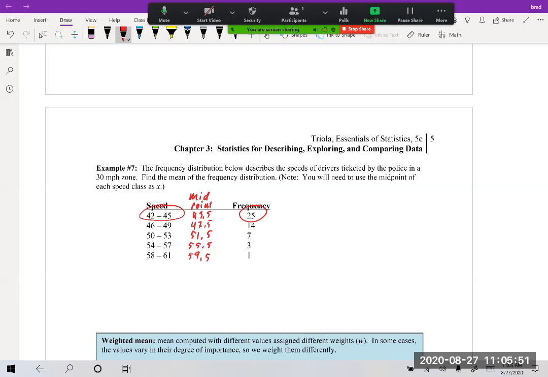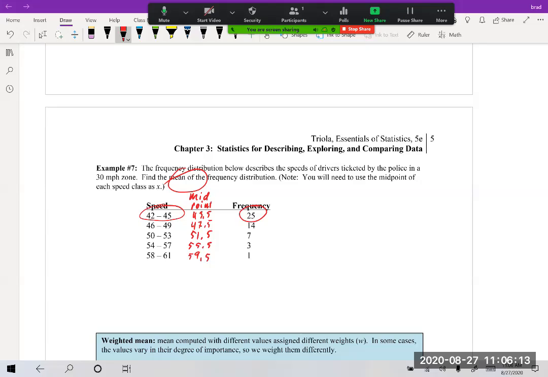So here's what we do. This is how we can try to calculate. It says find the mean of the frequency distribution. Normally, if we wanted to do this accurately, they should give us all 50 values, right? They should give us all 50 tickets, and then we could find the median and the mean and everything like that. But they didn't give us this.